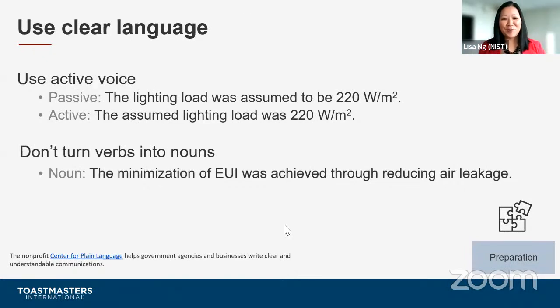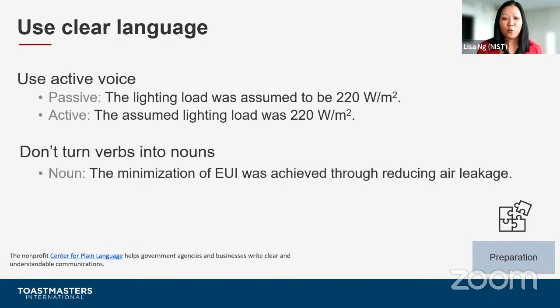All right, Stuart wrote that zombies minimize the EUI by reducing air leakage. Excellent. So he took my previous by zombies tip and flipped it around to use it to make sure that we use verbs and not nouns. Michelle says to minimize, yes. So instead of using minimization, we should use the phrase to minimize or minimize itself. Excellent.